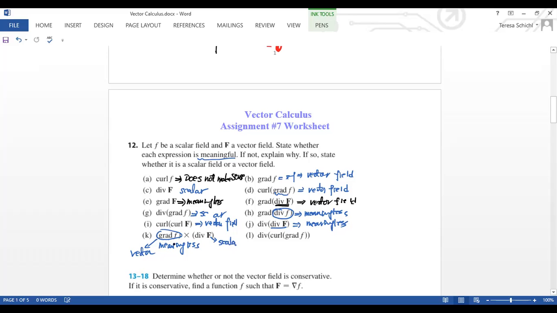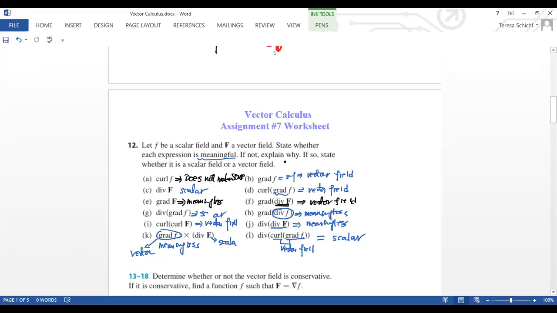When you use the cross product, it has to be two vector fields. Let's take a look at this one. This is a gradient, then you take the curl of the gradient, that's okay. This is still a vector field, and then can you take the divergence? Yes. So what is the final answer here? It will be a scalar, all right?